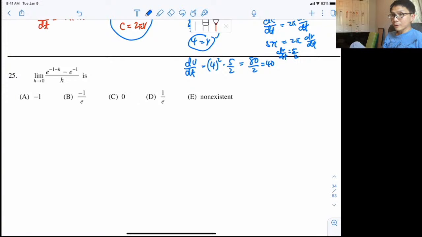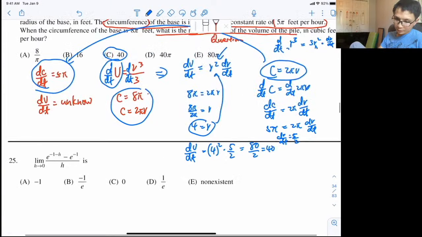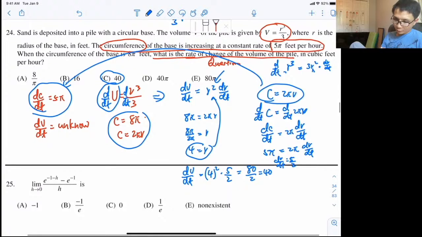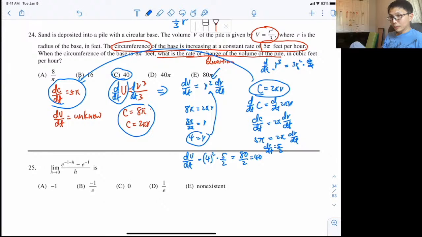Any other questions, Destiny? I know this is a long question, but I'm trying to break it down as easy as possible, so it takes a little while. But this is not a question you should all attempt, only if you have extra time. Any other question you want me to go over?